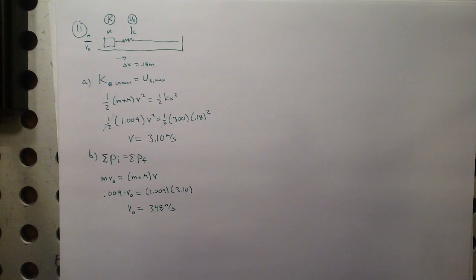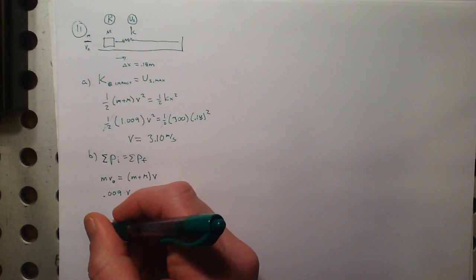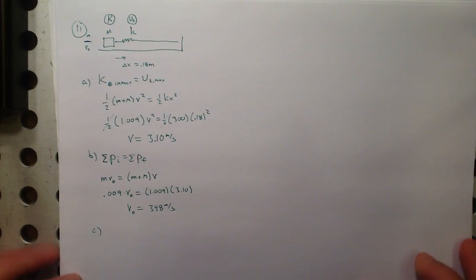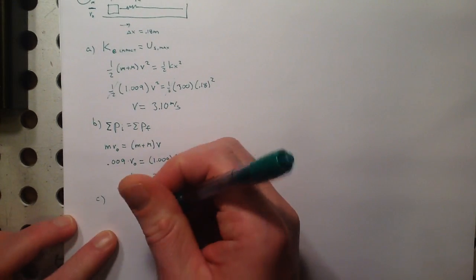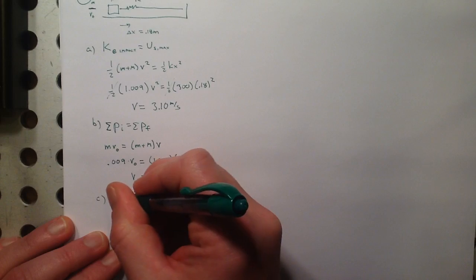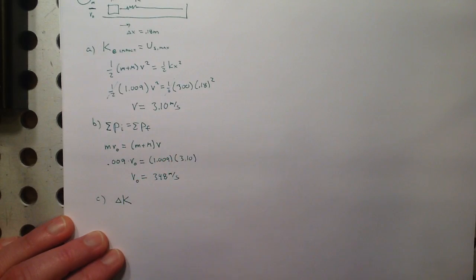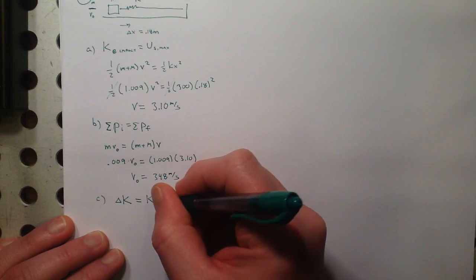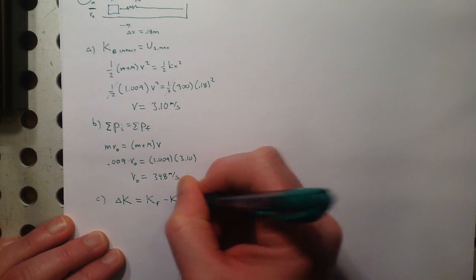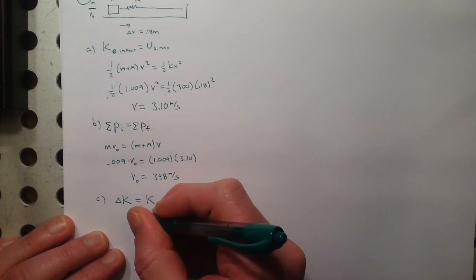And then this is an inelastic collision, so we know energy will be lost, and they want us to figure out how much energy is lost. So we just need to figure out energy before and after the collision. So the energy loss will be equal to the final kinetic energy minus the initial kinetic energy.